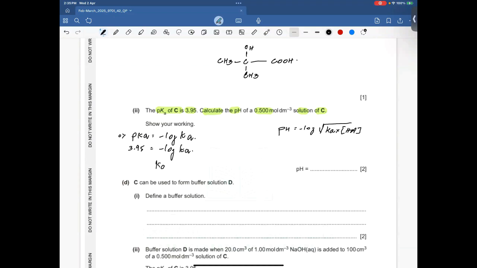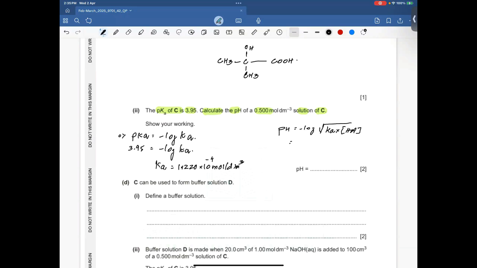So the value of Ka from here, let me calculate, shift log minus 3.95, is 1.122 into 10 to the power minus 4 mole per dm cube.